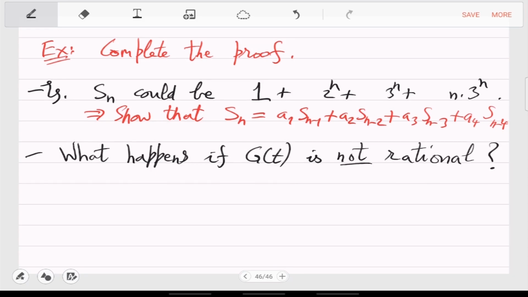Right, here we were targeting big G of t to be a rational function, so that we have this general method of converting it or re-expressing it as a sum of simple things like 1 over 1 minus t or 1 over 1 minus t square, and hence get the power series representation. But what if this G is not rational? For example, if it is e raised to t, what happens then? Do you know the answer?